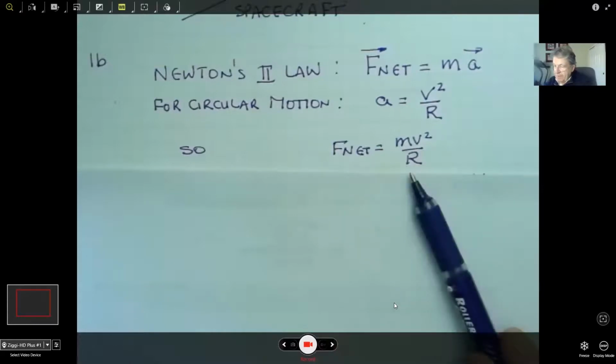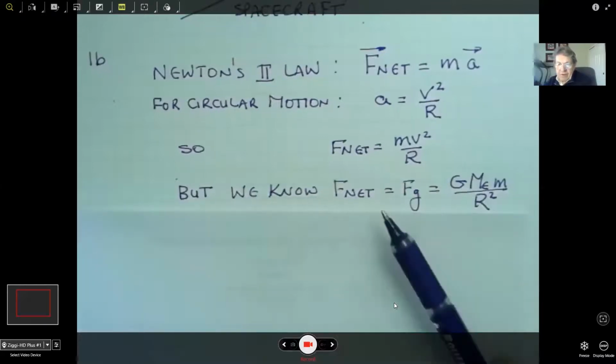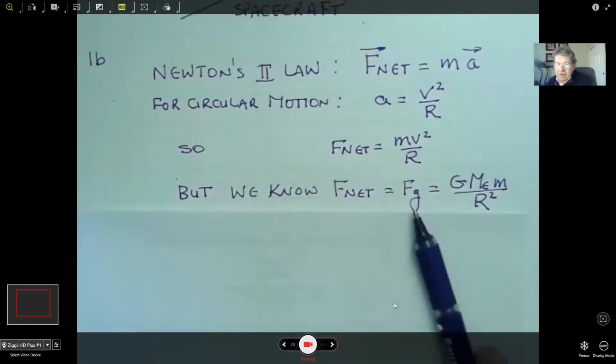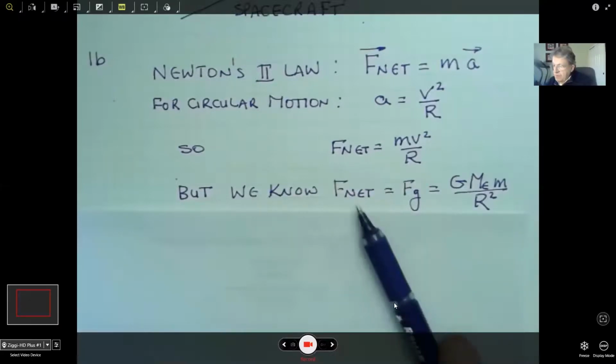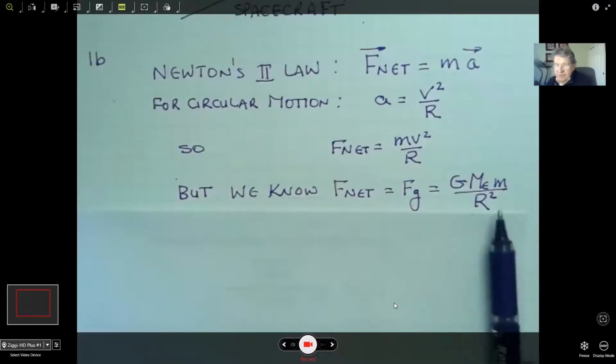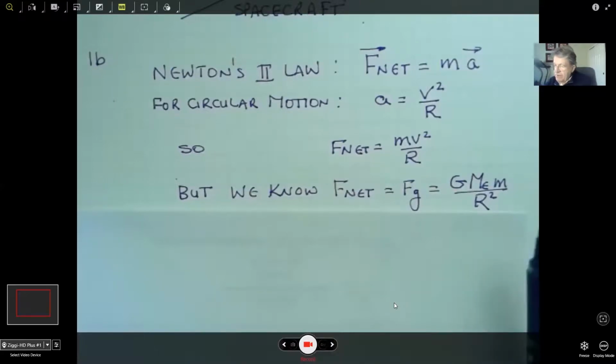But we already know from part 1 that there is only one force F g acting on the spacecraft. So F net must be equal to the gravitational force, G M E m over r squared. And so we've got two ways of calculating the net force.